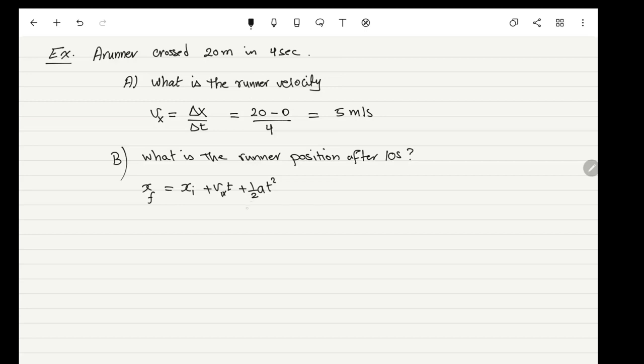Since the runner is moving at a constant rate, the acceleration here is equal to 0. Now, x final here equals the initial position, it's 0, plus the velocity we just calculated from the previous part, 5 multiplied by 10, so it's equal to 50 meters.